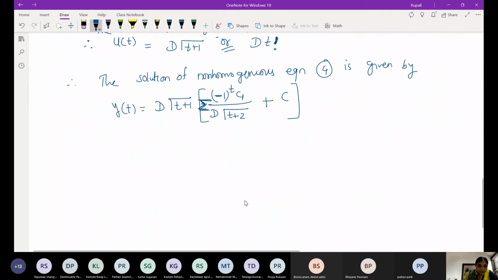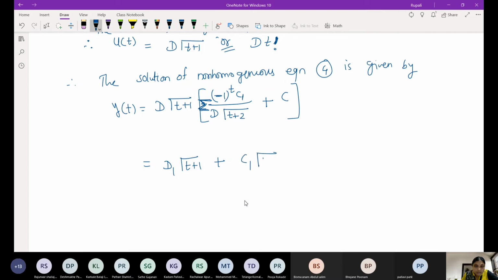So this I can write: C and D will be some other constant, say D1, times gamma t plus 1, plus, now here some constant, this constant will get cancelled and what will remain?